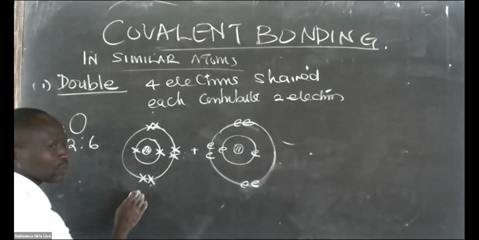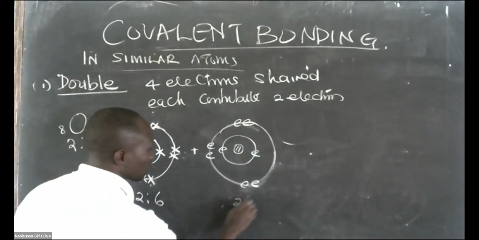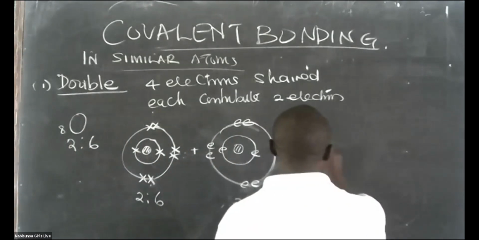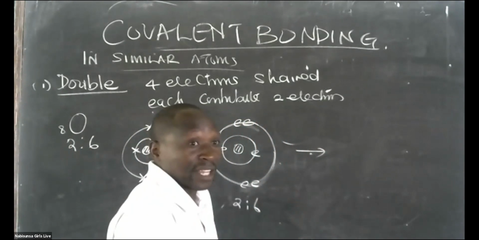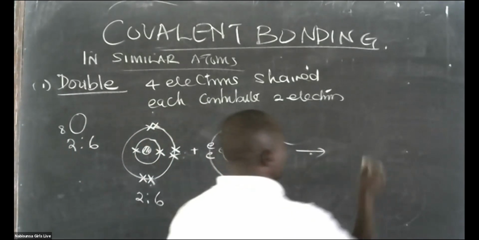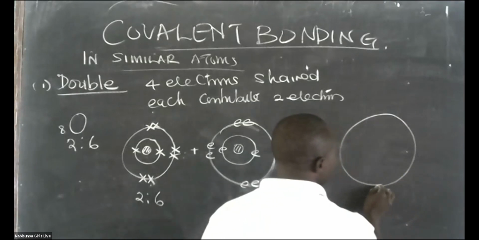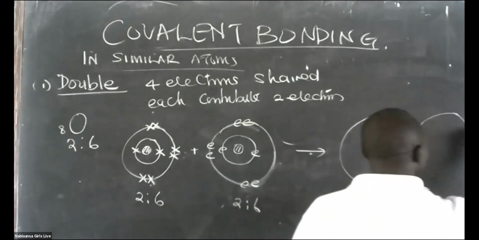What's the EC? 2, 6. So 2, 6 and the 2, 6. If they contribute and share, let me also use overlap this time. Intersection, or nearly touching. You are free to use any. So if I draw this as oxygen, they either touch or we say they can what? Intersect.